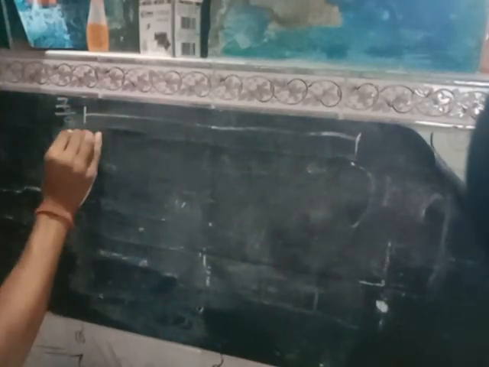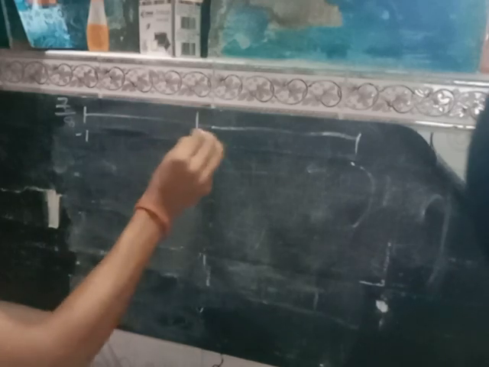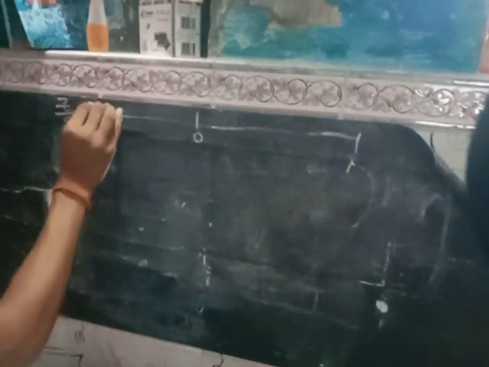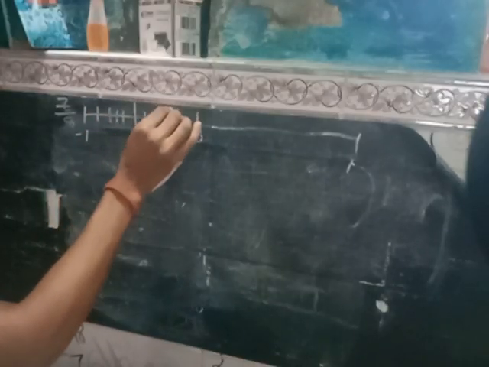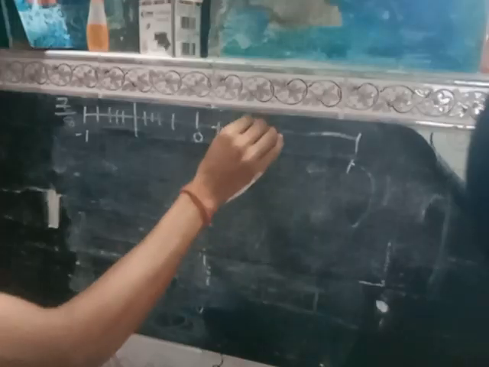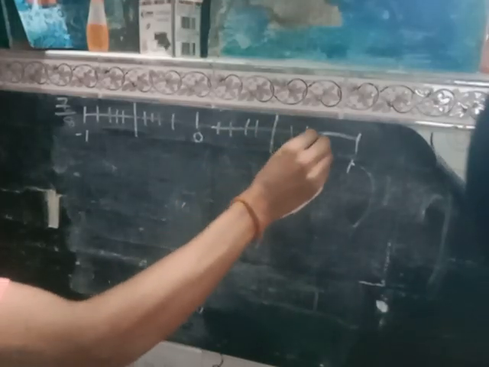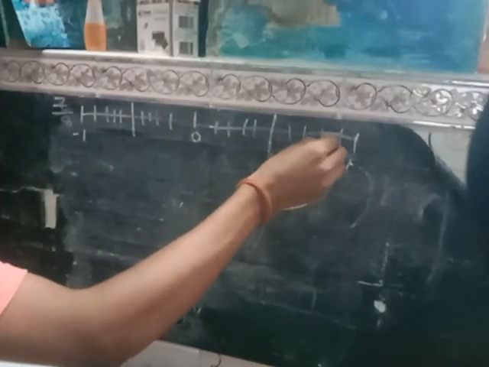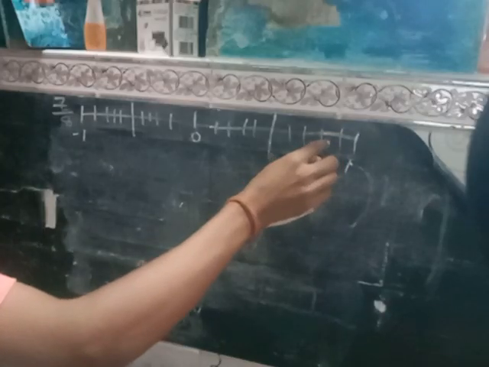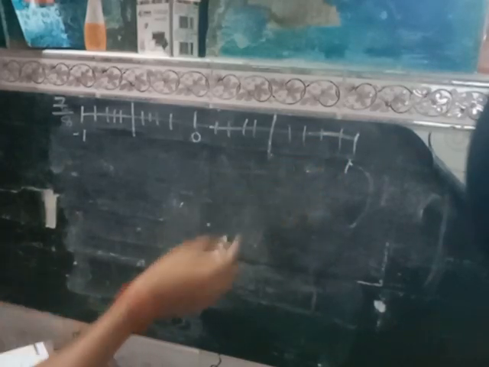So we make a number line. Here will be minus 1, 0 and 1, and we divide it into parts. So 7 by 8: 1, 2, 3, 4, 5, 6, 7, 8.